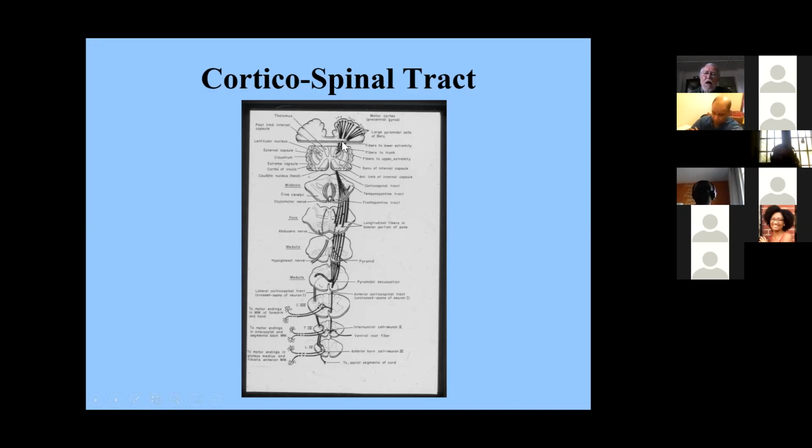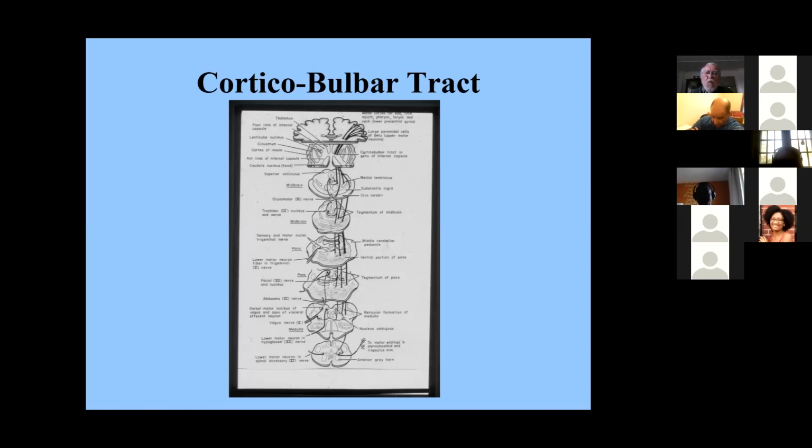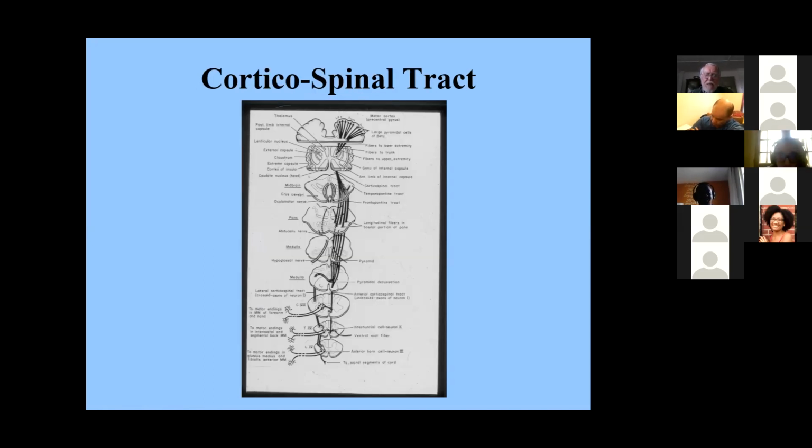So the vast majority of the anterior limb of the internal capsule is what? Corticospinal fibers. What are those fibers doing? They are moving from the superior and lateral outer surface of the brain, moving inward. So they are either moving inferiorly or moving medially through this anterior limb of the internal capsule.